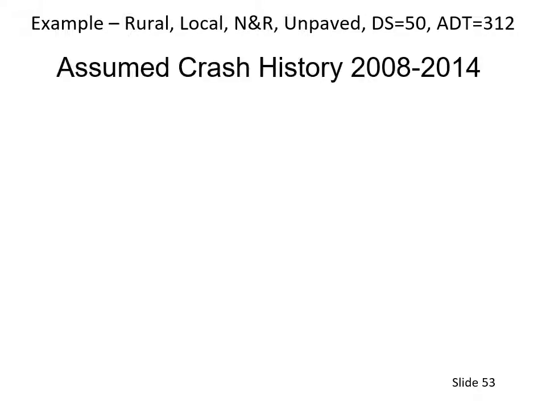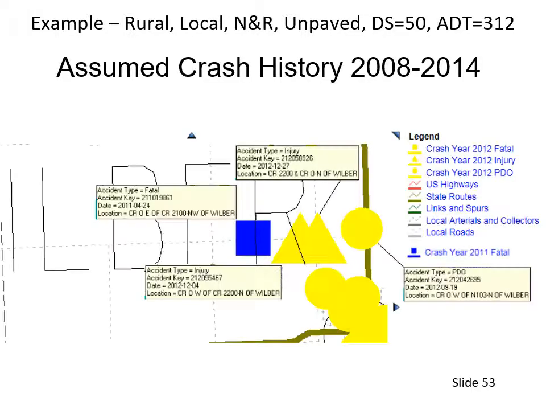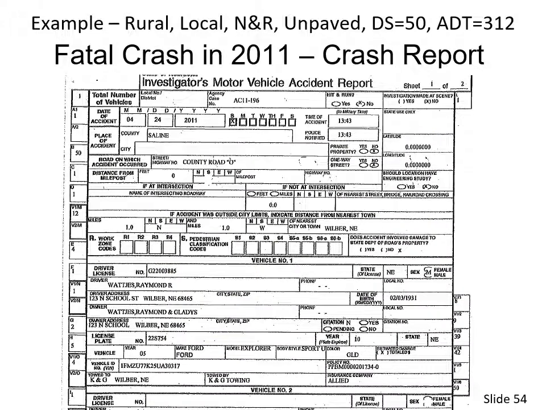Crash history is typically reviewed early in the development of a project, in the preliminary engineering phase, or even earlier in the planning phase. Let's take some hypothetical crash history data, as shown on this screen. More relevant details can be determined from crash reports.